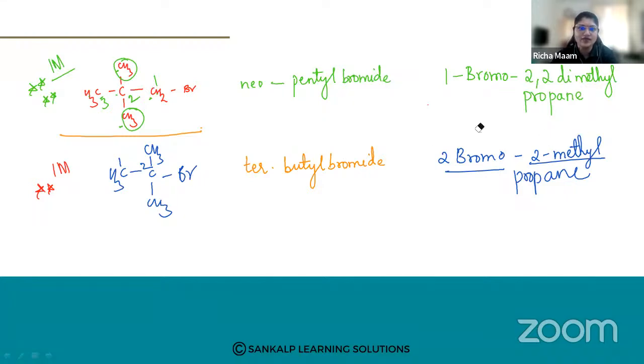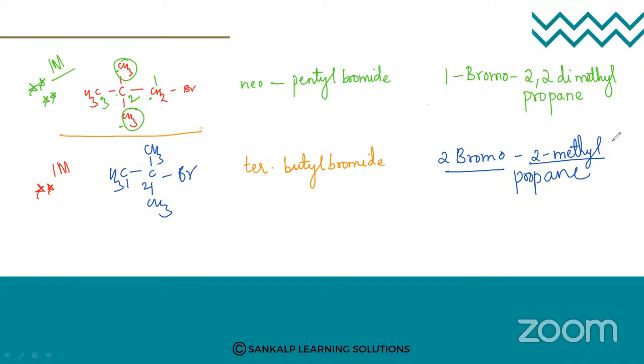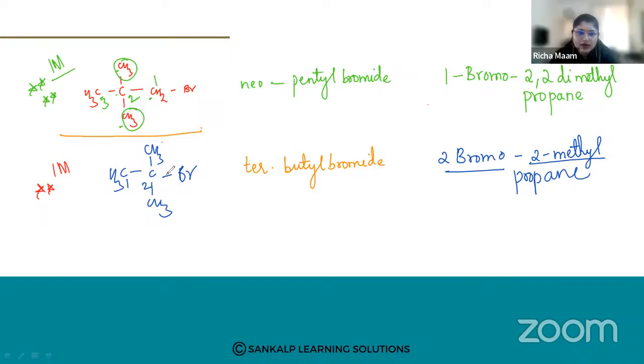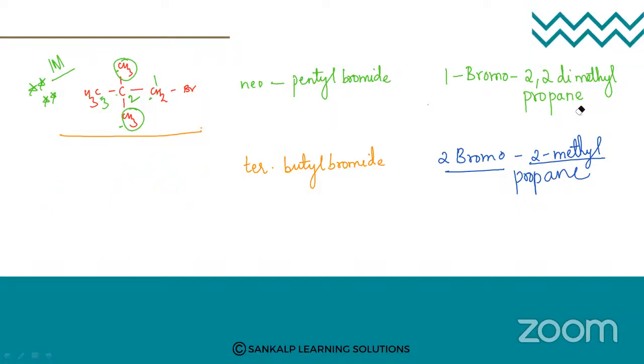All these things you have studied in the first year. You have to see the longest chain. When I apply here, it will be 1 and 2. If I consider like this, it will be 1, 2, and 3. So I take it vertically. So these are two important compounds.